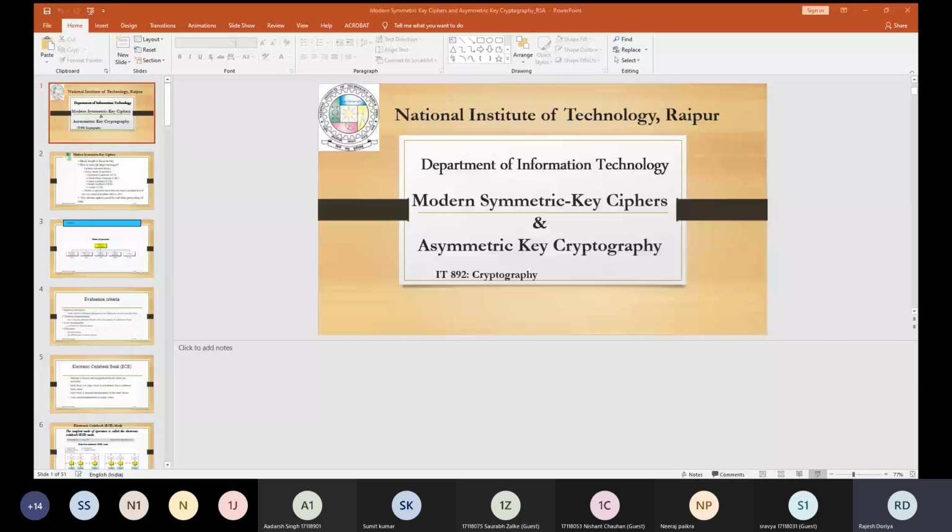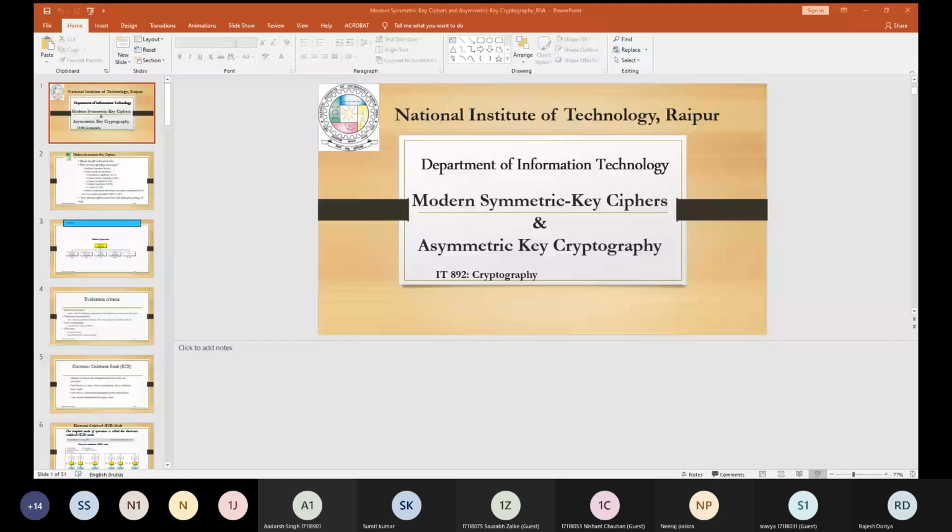So the moment we have got data which can be converted into a number of data blocks, and where we want that each and every data block must produce a different ciphertext, so that for the adversary it is going to be a difficult task, right? So we are going to see how exactly each and every ciphertext produced is going to be different with the same plaintext. So these modern symmetric key ciphers are going to provide these solutions.